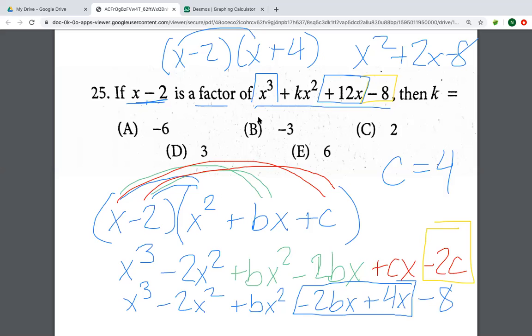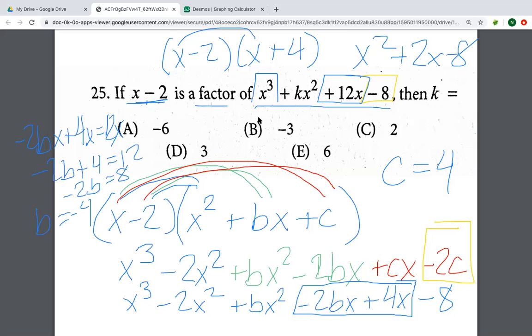So if you were to write out the equation, you would have negative 2bx plus 4x equals 12x, which is negative 2b plus 4 equals 12. Negative 2b equals 8. So b equals, divided by negative 2, so b equals negative 4. Okay, so now I know b equals negative 4.